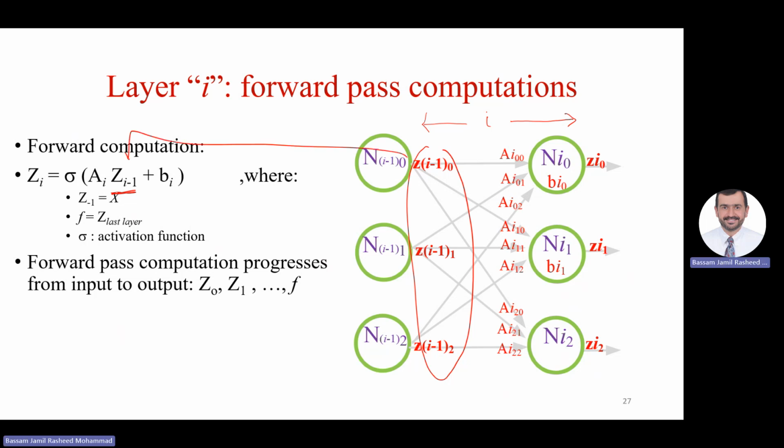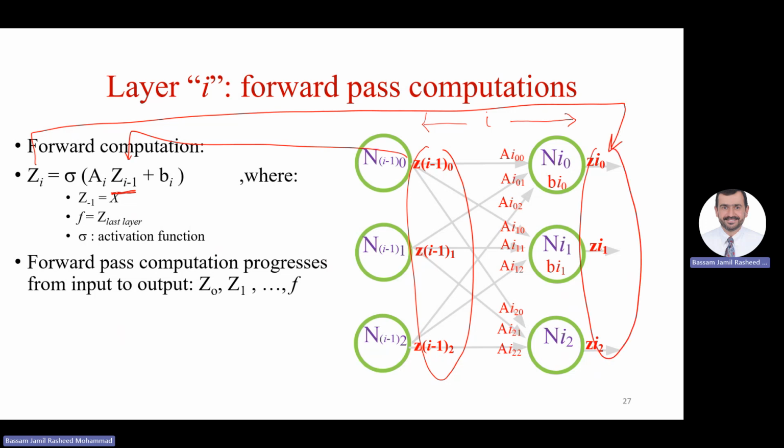My outputs are the z i, which is this one here. So basically, this is my layer. Again, for the input layer, z i minus one becomes our primary inputs, the x vector, and for the last layer, z i becomes the output. This here is the activation function, ReLU, sigmoid, whatever you want.